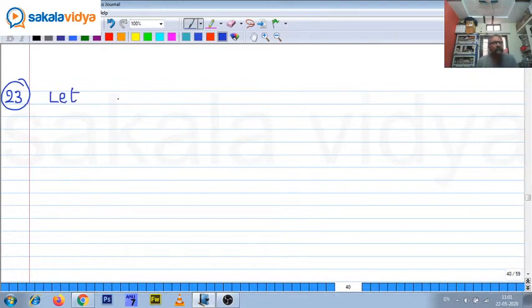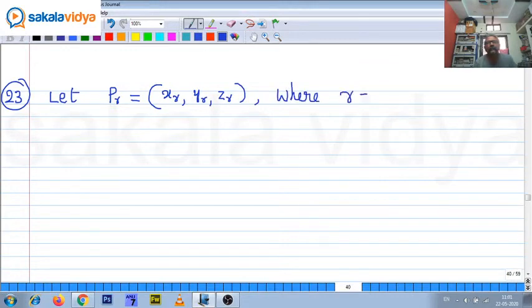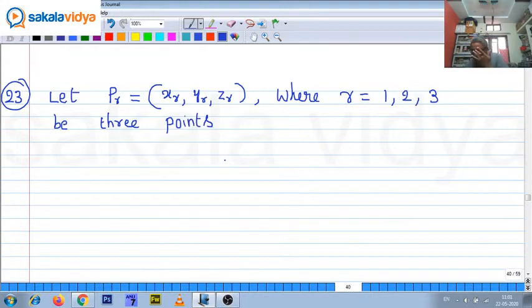Let P_R equal (x_R, y_R, z_R), where R equals 1, 2, 3, be three points. Instead of three specific points, a general point is given.